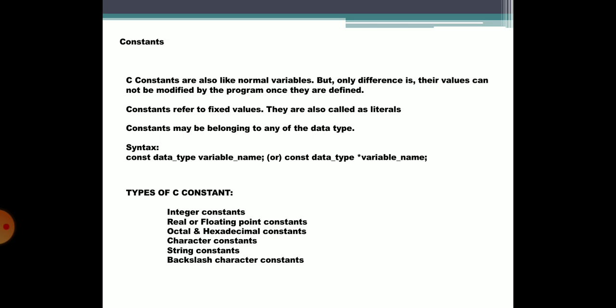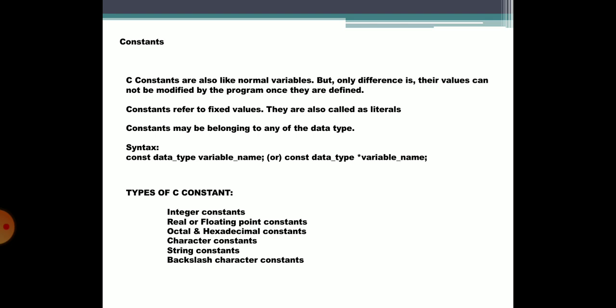The first one is an integer constant. An integer constant refers to a sequence of digits. There are three types of integers, namely decimal integer, octal integer and hexadecimal integer.